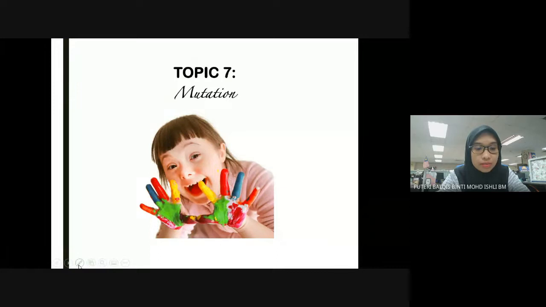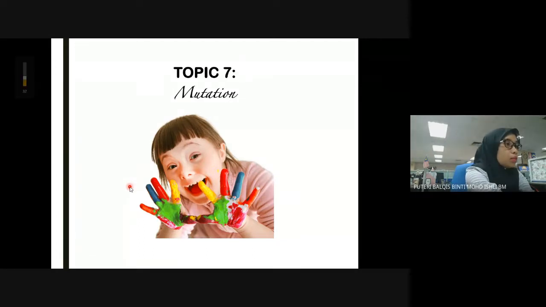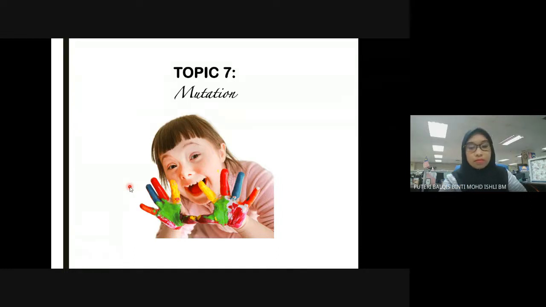So, topik 7, mutation. Tak, volume saya dah tinggi. Volume saya dah 20 dah. Tak tahu kenapa. Dah 32 dah. Sepatutnya okey. Cuba saya live sini. Okay.